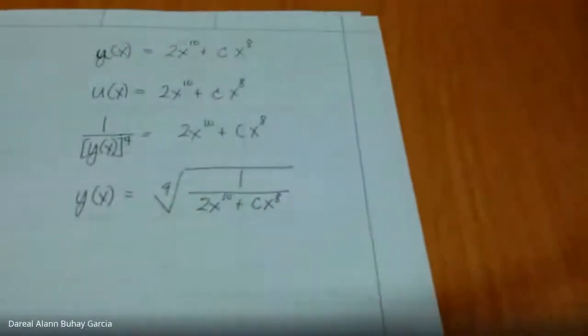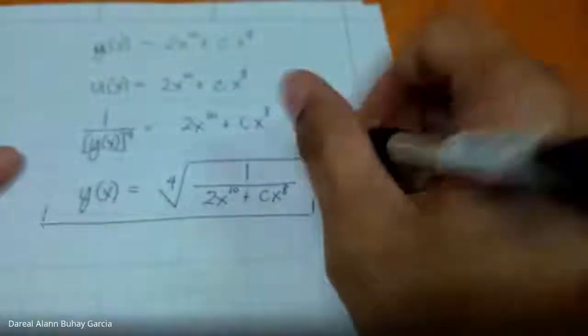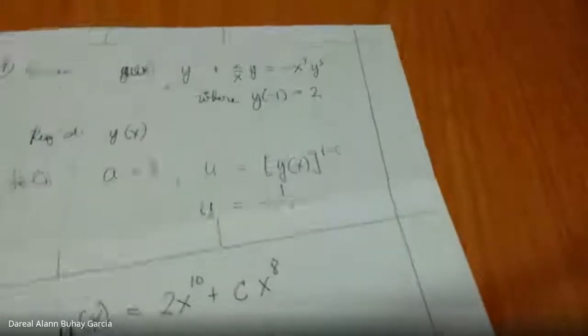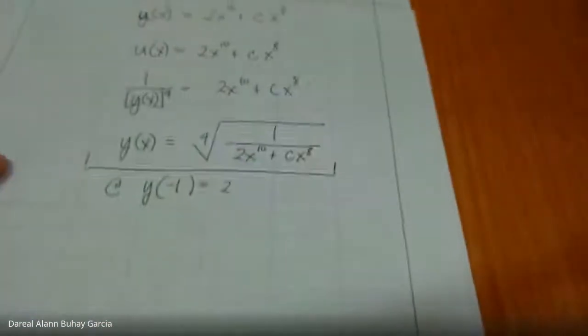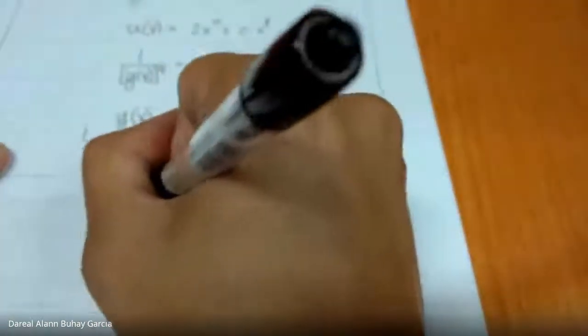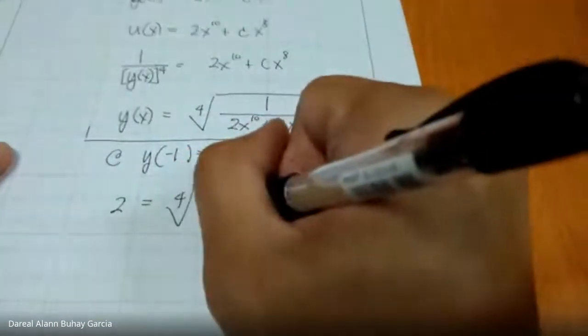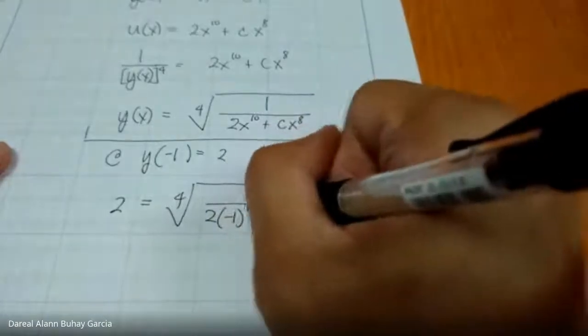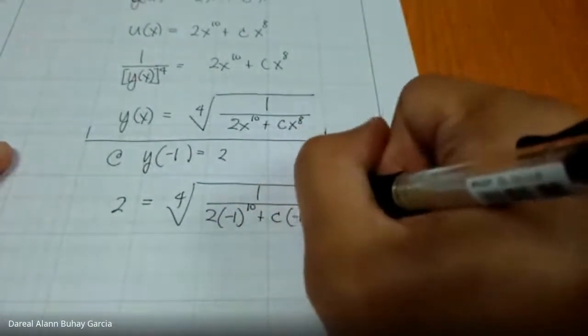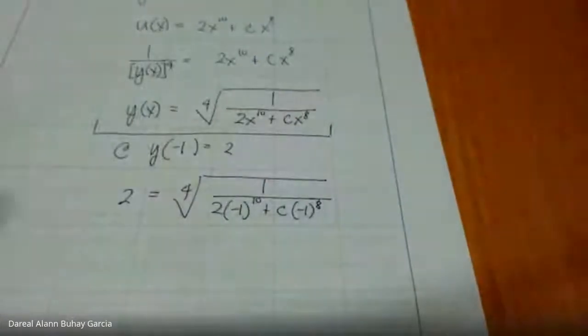Okay. This is the expression of our general solution. Now, initial value: y is 2 when x is negative 1. So y is 2. What is our c?